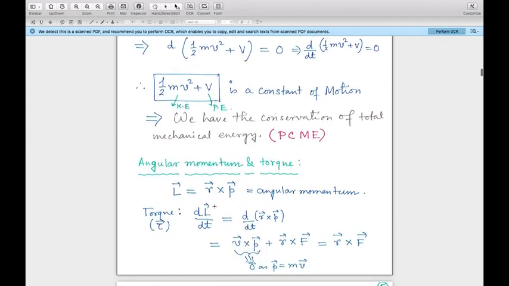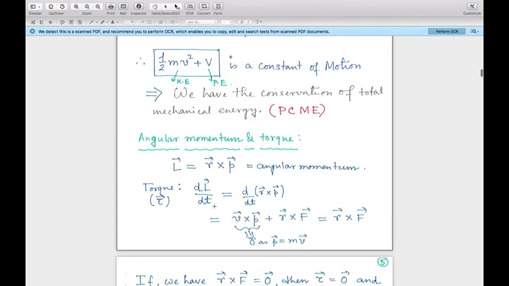Now what happens if we talk about angular momentum and torque, which has some relation to rotations, right? Angular momentum is nothing but the vector product of the position vector with the linear momentum vector, and the torque is the total time derivative of it, which can be written like this. As you know, v cross p vanishes because p is always m times v for the non-relativistic case here.